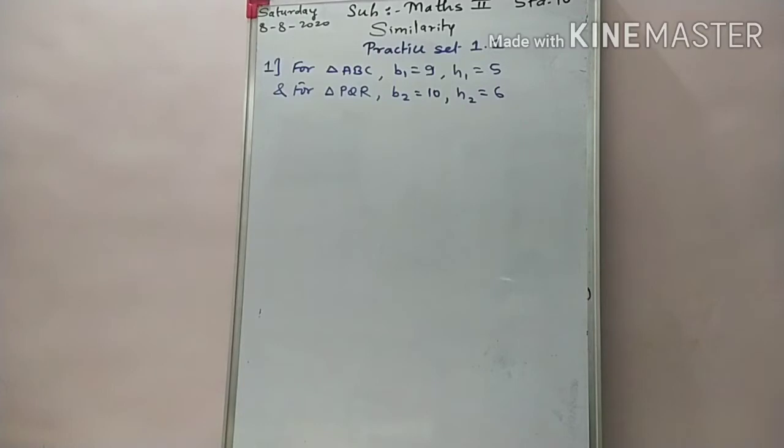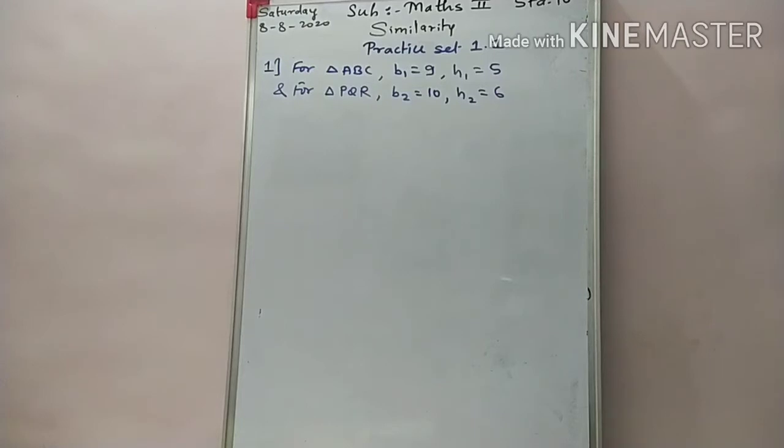In the first question it is given that the base of a triangle is 9 and height is 5. The base of another triangle is 10 and height is 6. Find the ratio of areas of these triangles. So for that we consider these two triangles as triangle ABC and triangle PQR.